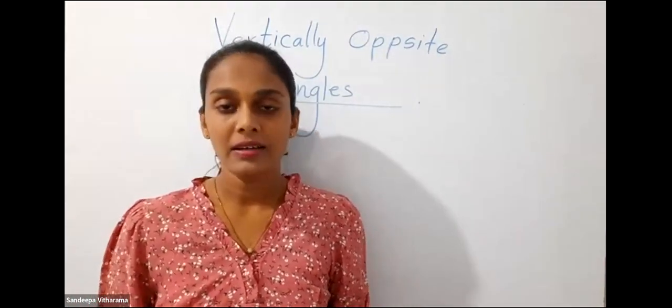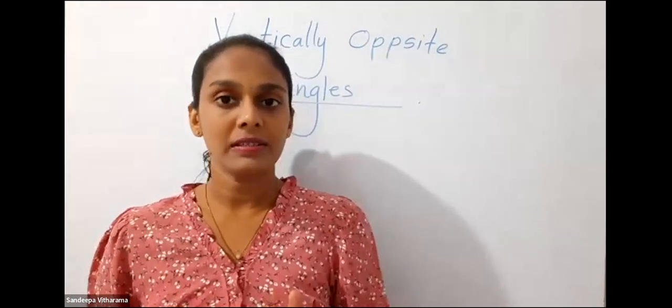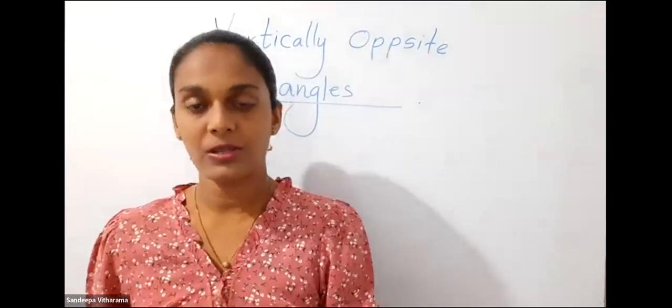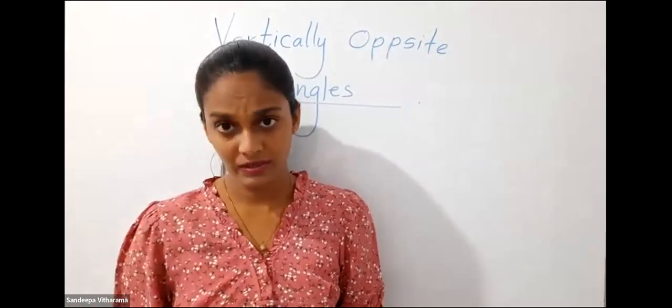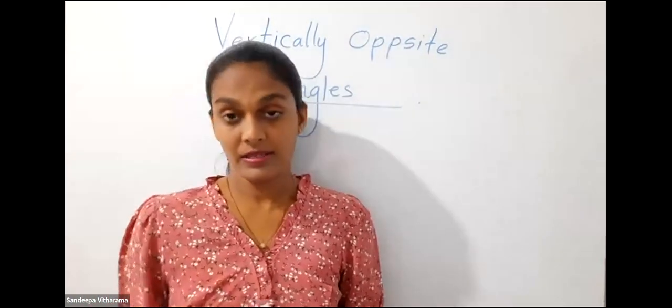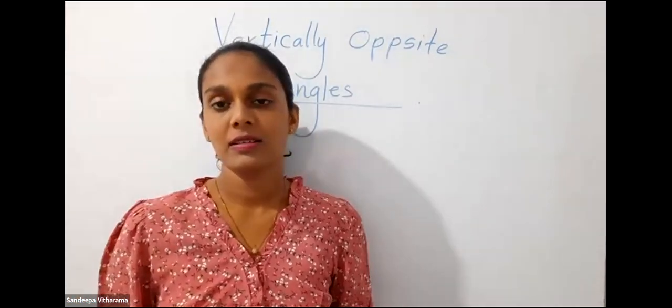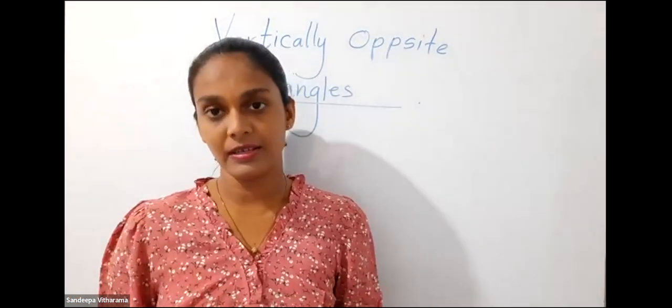Okay, and we learned about a particular relationship of angles which are on a straight line. What is the relationship of the angles which lie on a straight line segment?